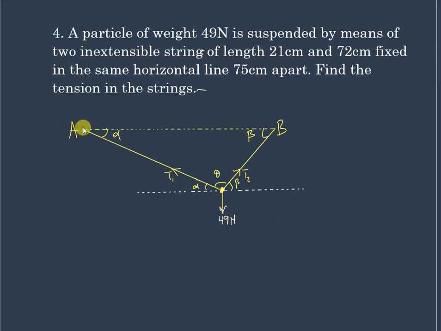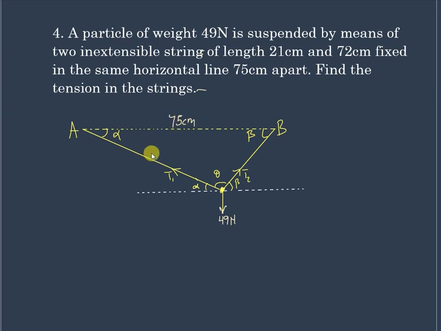The horizontal line onto which they are fixing the strings is the line AB. So both of them are fixed on the same horizontal line. One is fixed at A, one is fixed at B, and AB is 75 centimeters.